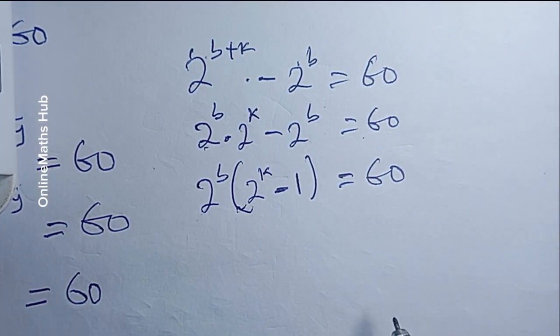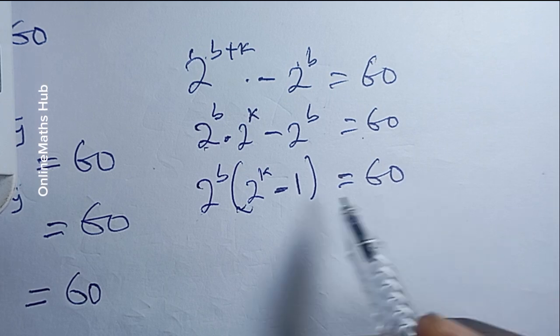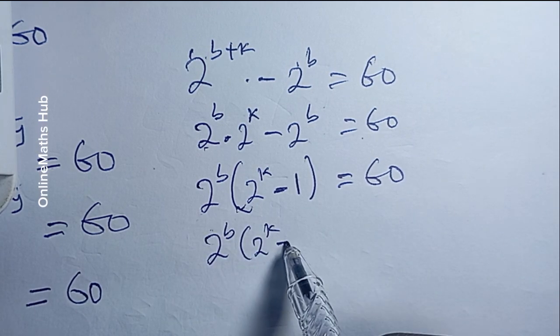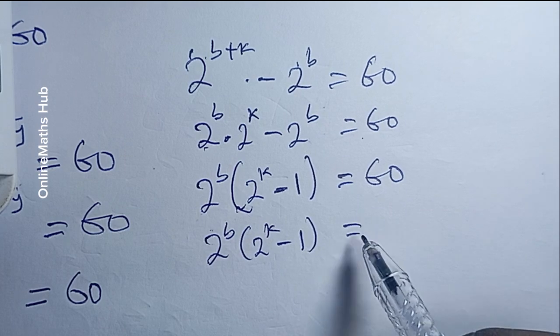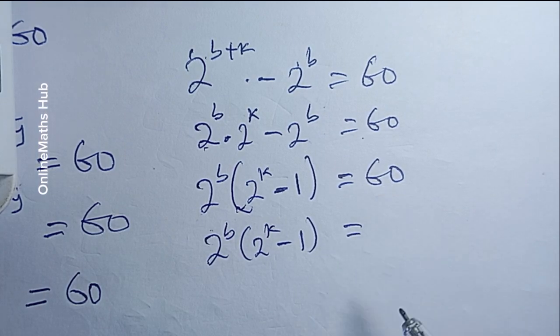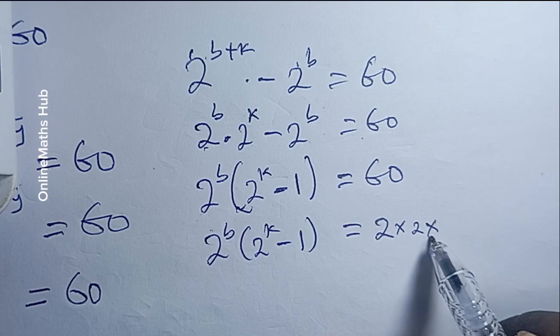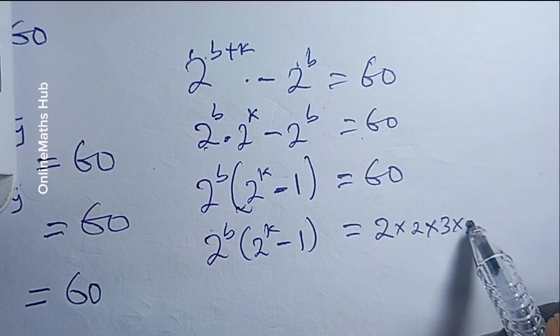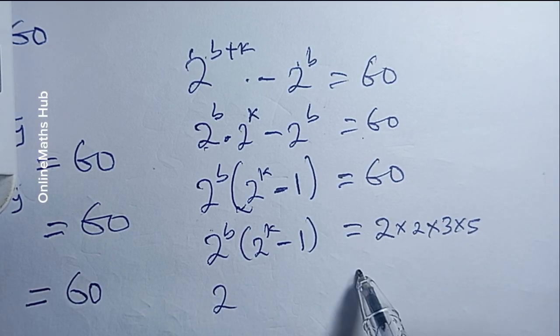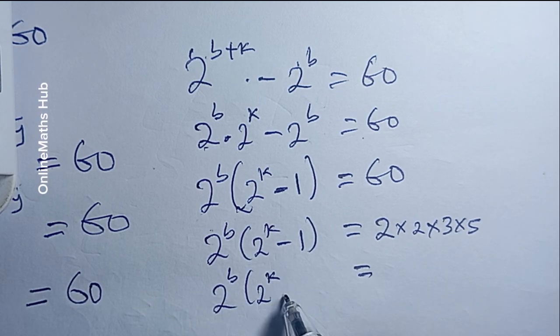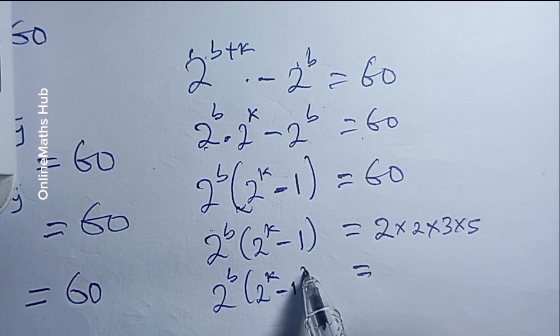Next, I'm going to rewrite this 60 as a product of its prime factors, which is 2 times 2 times 3 times 5. So let me write this as 2 power b multiplied by 2 power k minus 1.